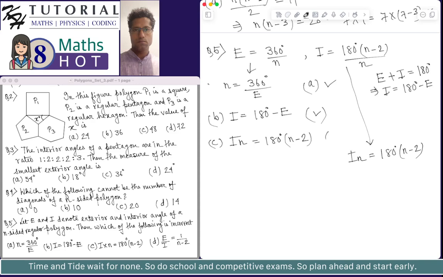So this is also a correct equation. We are left with A correct, B correct, and C also correct. So the answer has to be choice D, because we are only left with choice D.